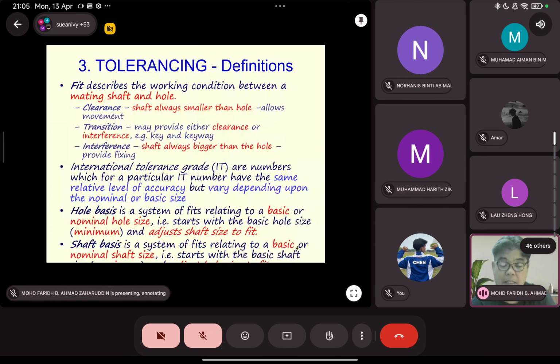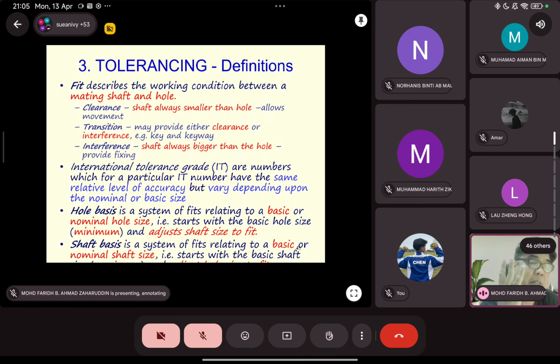Now look at interference, padanan gangguan. Interference means the size of the shaft, the upper and lower, is always bigger than the hole. The minimum size of the shaft is always bigger than the maximum size of the hole. Don't think, Doctor, it cannot be, it cannot go in, it cannot function. No, it can function.